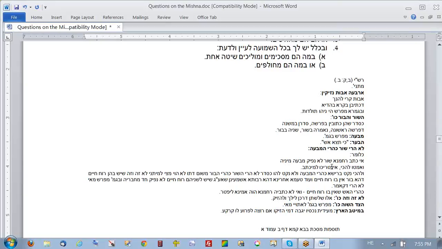Then it says lo hari shor kahar mava, which would be traditionally telling us shor and mava are comparable, because we learn them both not because of their chumras, but because of their common factor, which here would be ruach chaim.